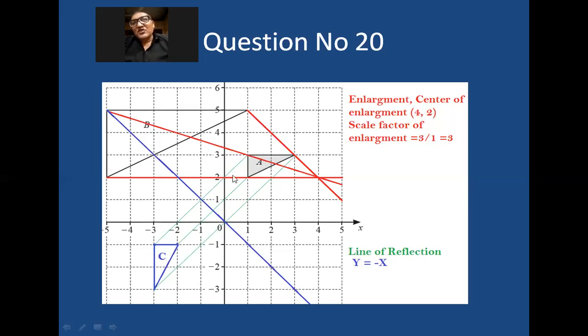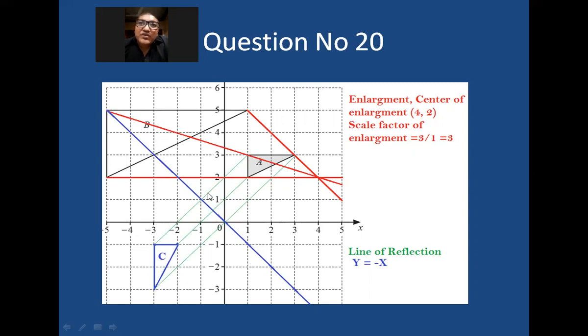Here we have the triangle A, and I want its image, the reflection. The methodology is very simple. You join this point with the line of reflection in such a way that the angle between the line of reflection and this green line is 90 degrees. Whatever is the distance on this side, you take the same distance on the other side.